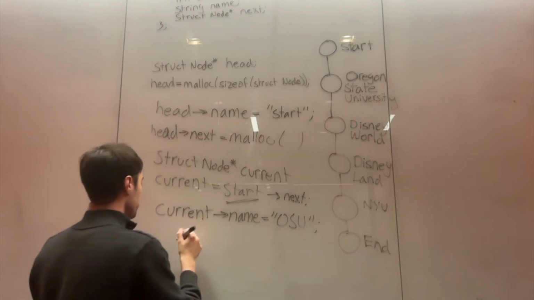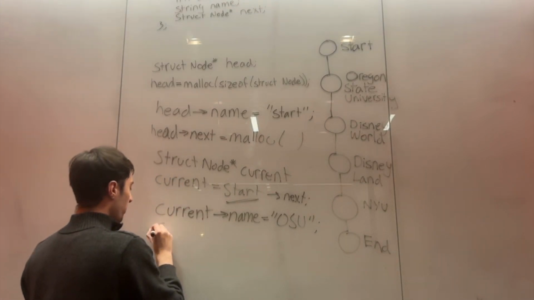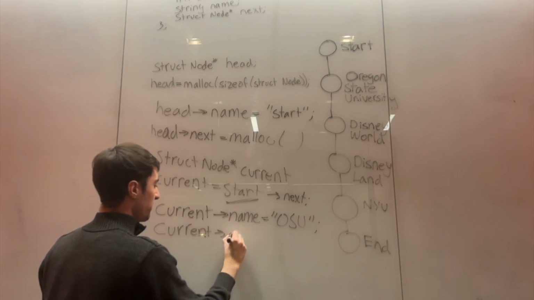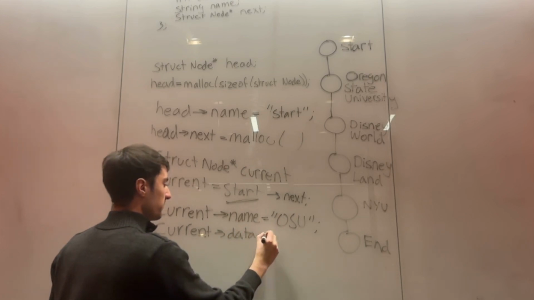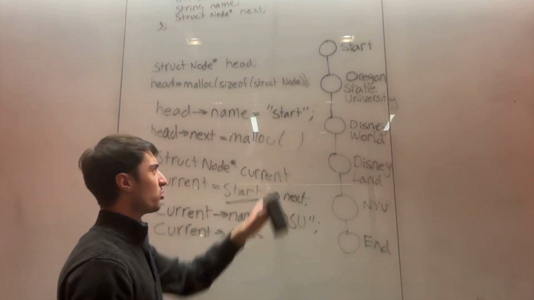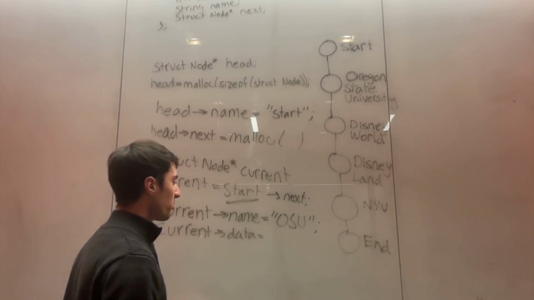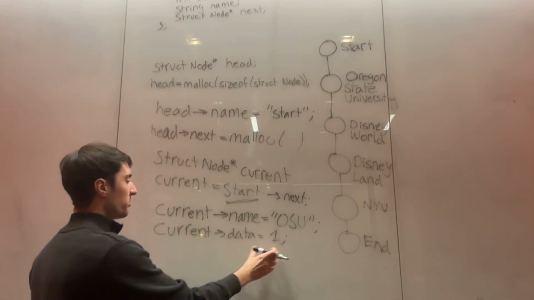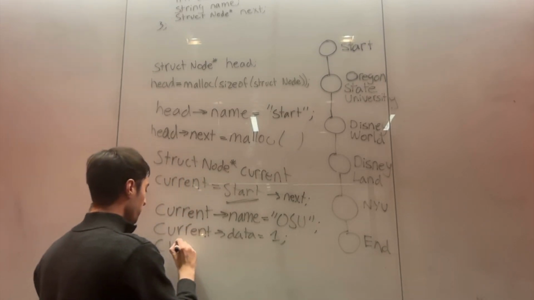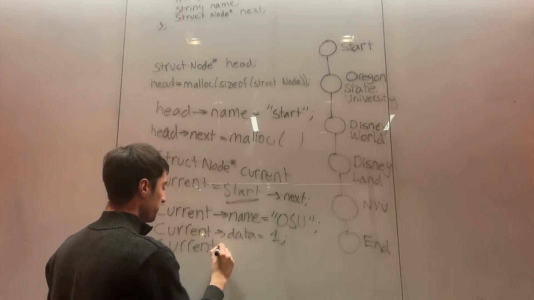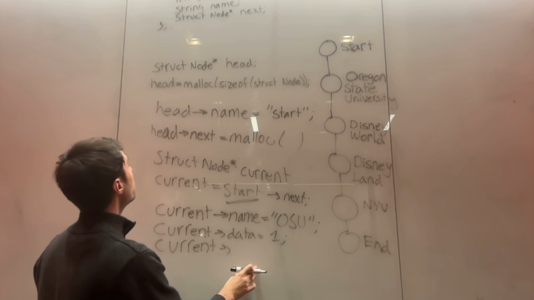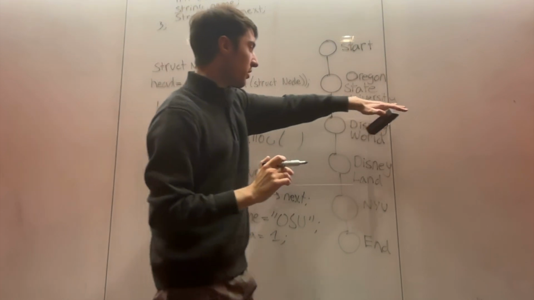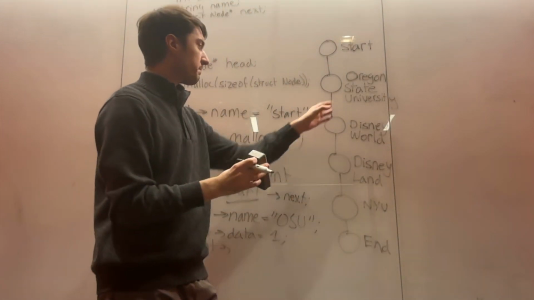Then what we can do is use the same variable, current, and say data equals, and what do we want to store? Maybe it's the ranking. So OSU we'll say is number 1. Okay. So data right there, and we can go current next. At this point, we haven't created any of these, right?